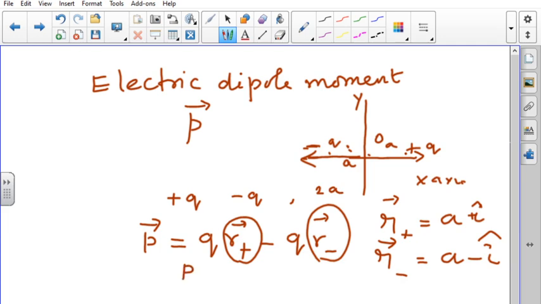P vector is equal to Q a i cap minus of Q a minus i cap.